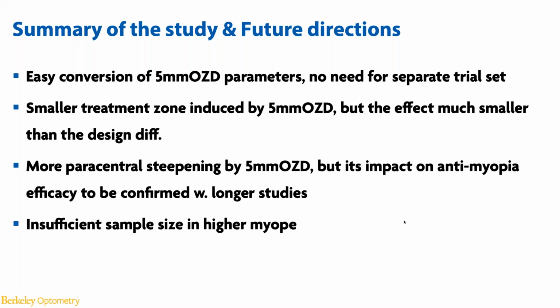This is a quick summary of what we have learned from this study and how it provides some insights into future directions for research projects. For all of the subjects we fitted in the study, I did not use any diagnostic lenses of the 5mm OZ.